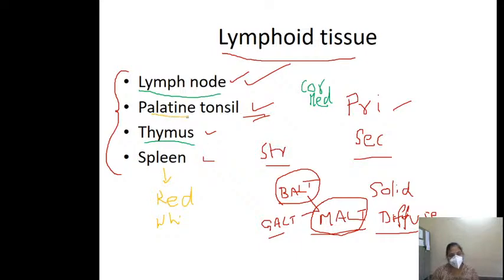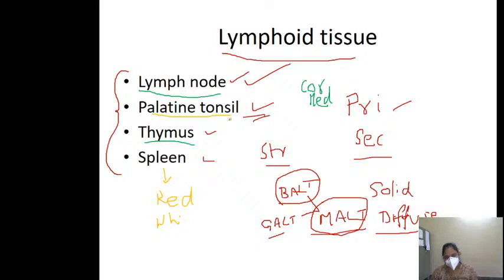And for the palatine tonsil, we don't have this kind of terminology, neither cortex and medulla nor red pulp and white pulp. So when you write about the structure itself, you need to remember the basics of how to differentiate and identify these four slides for the examination.